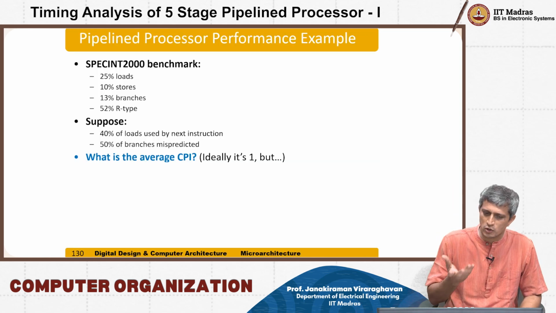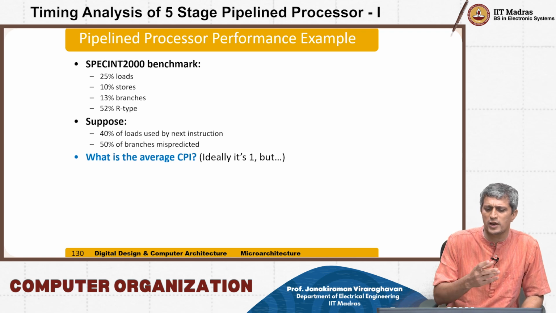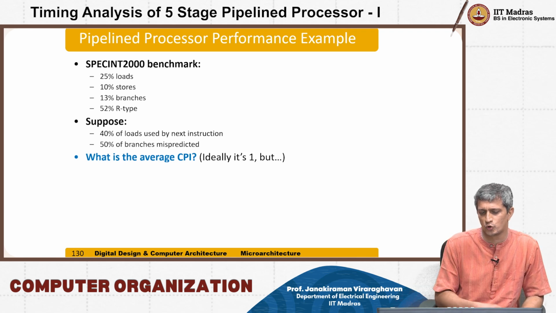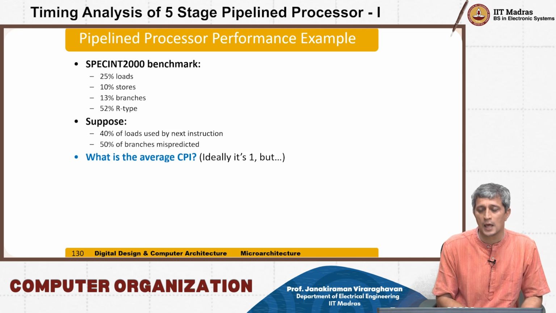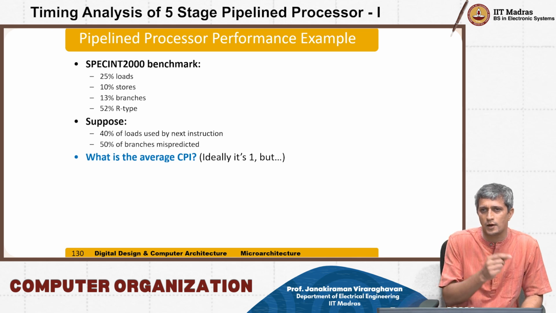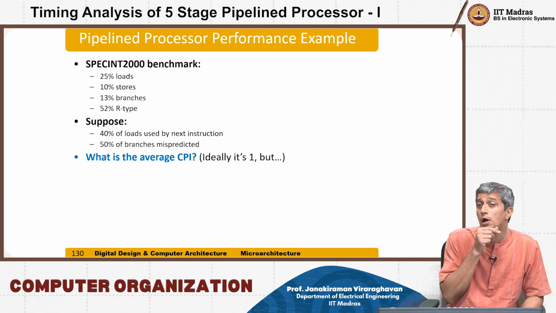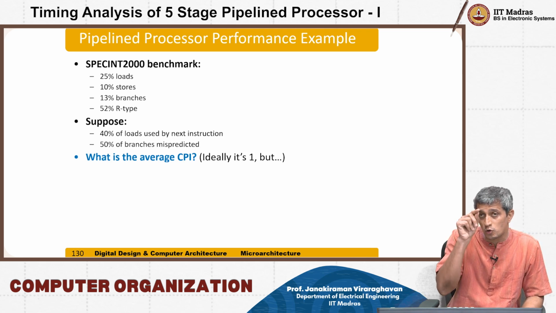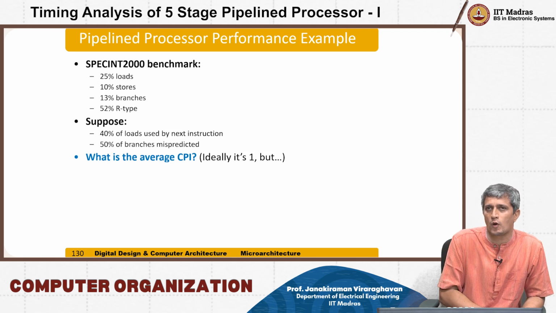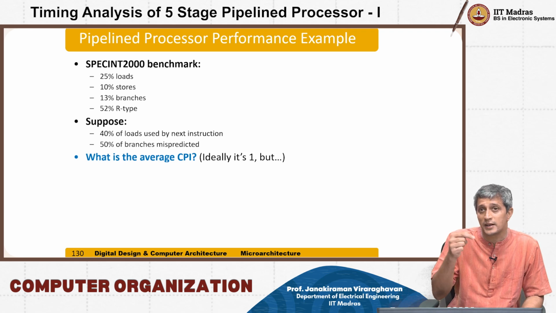So let's go back to the same example that we had used earlier, assuming that there are 25% loads, 10% stores, 13% branches, 52% register type. But now there is one small additional complication. Apart from knowing the histogram of different types of instructions, we also need to know what fraction of loads, in the sequence of instructions, are used by the next instruction.